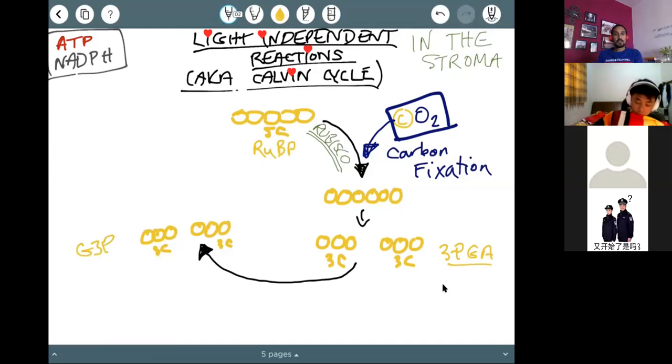Okay, G3P. Now, what is actually changing? Well, some of our old friends from up here in this corner are going to get involved. You're going to have ATP. It's going to provide some of the energy needed to make these changes.